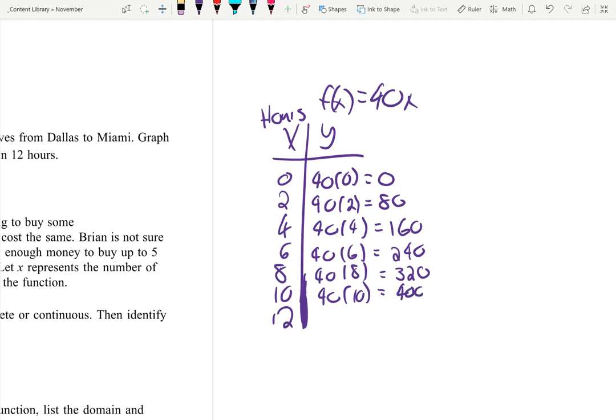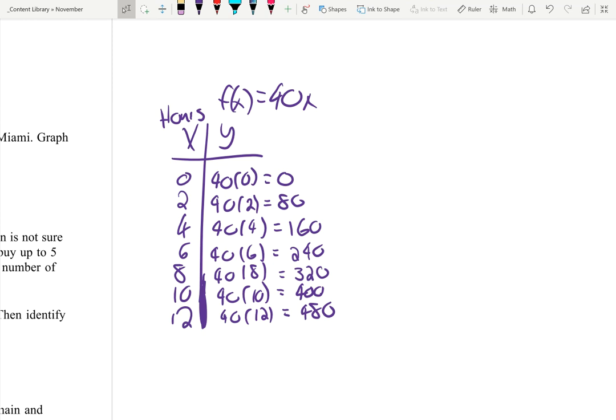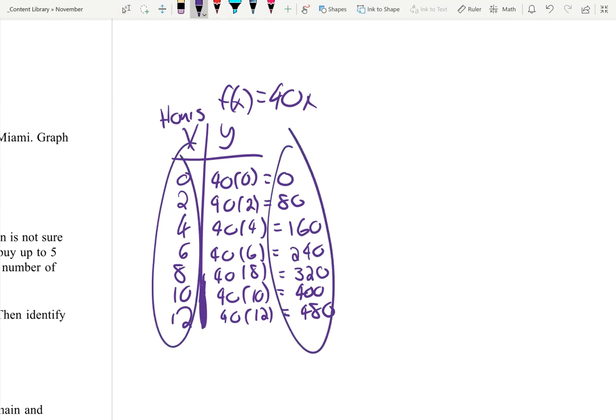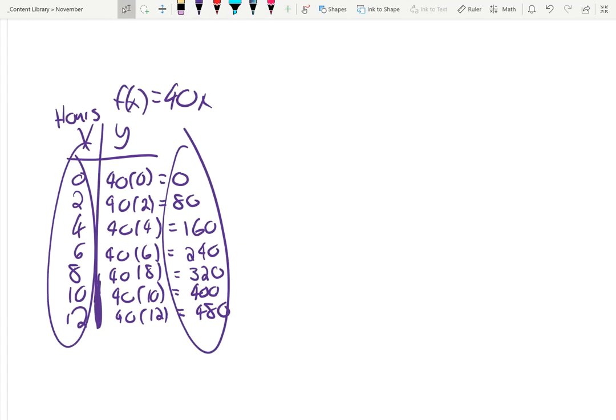And lastly, 40 times 12, which is 480. So I have my x values and I have my y values. So I'm ready to go ahead and just graph this.